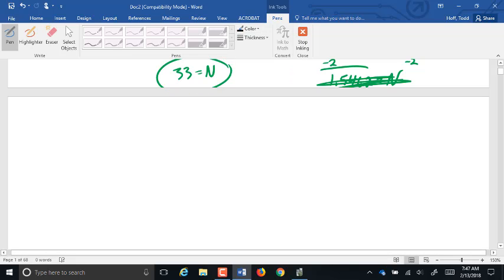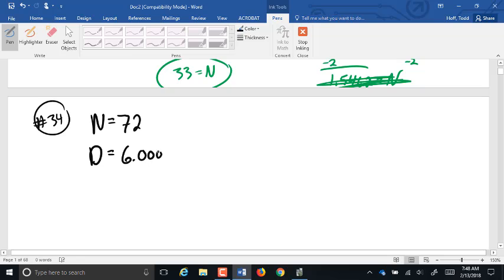Okay, now I'm going to jump down to that 35 through 43. In fact, I'm going to do number 34. Number 34, we're given that the number of teeth equals 72. We're given the pitch diameter, 6.0000. We're asked to find the addendum.